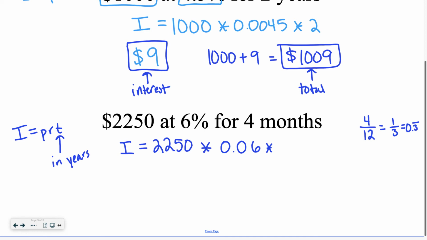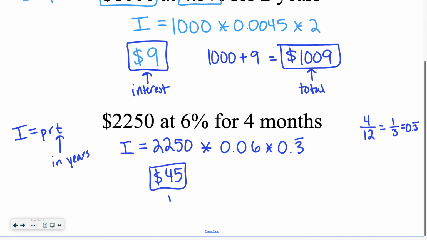So I'm going to say 0.3 repeating times 0.06 times 2,250, and I find out that the interest earned would be $45.